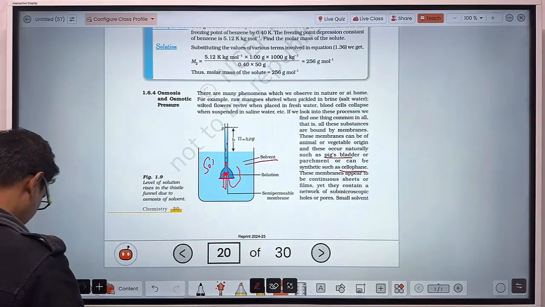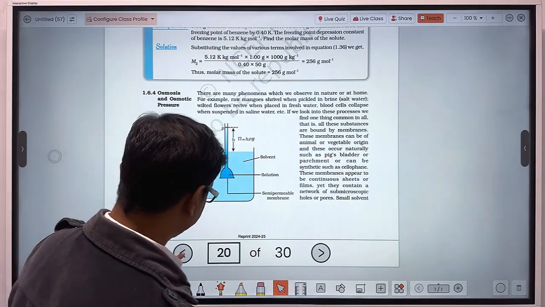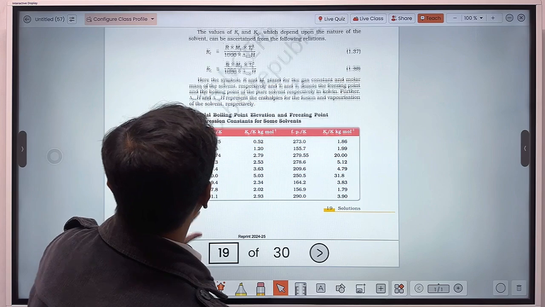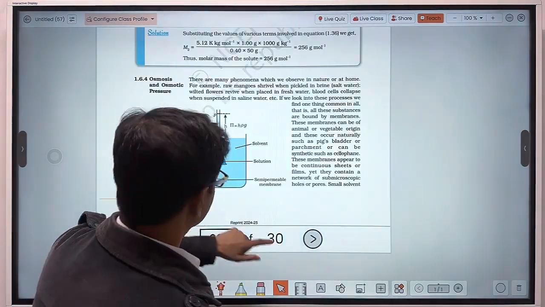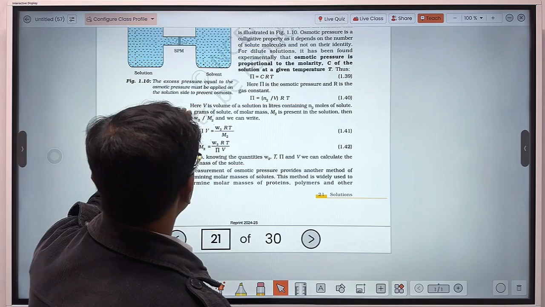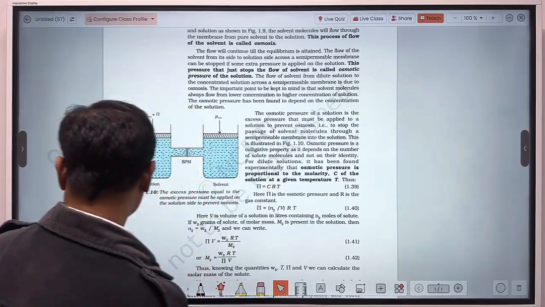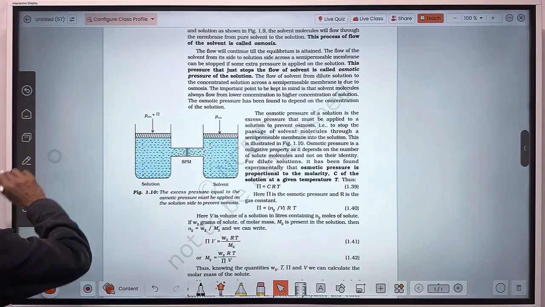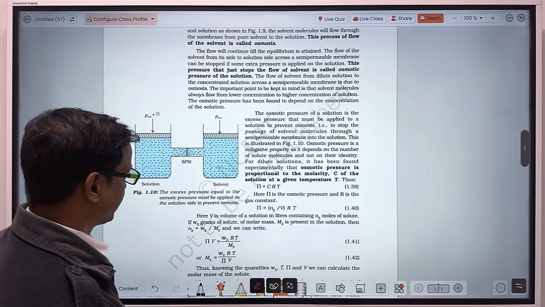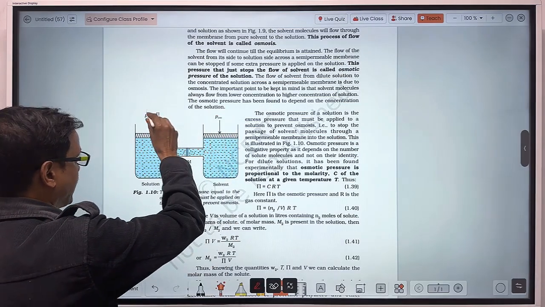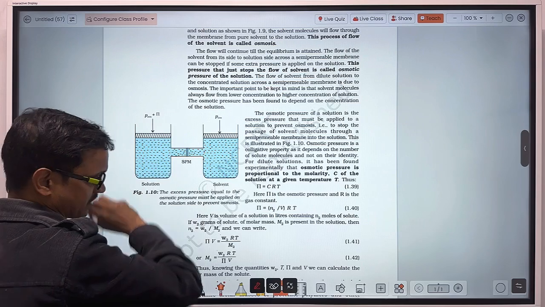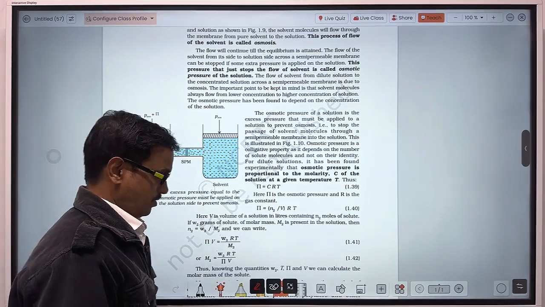Okay. Now, what is osmotic pressure? Watch out in this diagram. In this diagram, the atmosphere creates pressure over this one, and the atmosphere also creates pressure over this one.